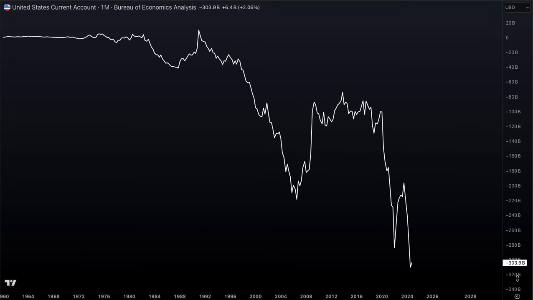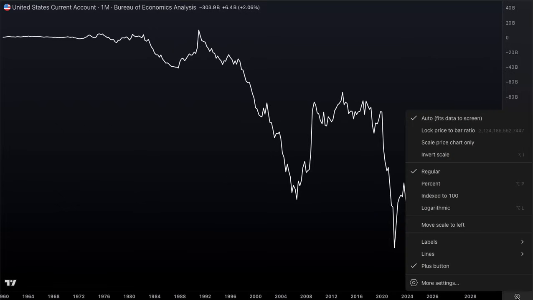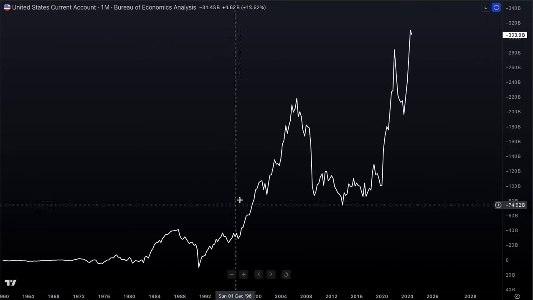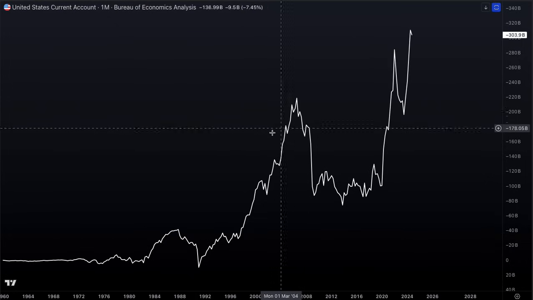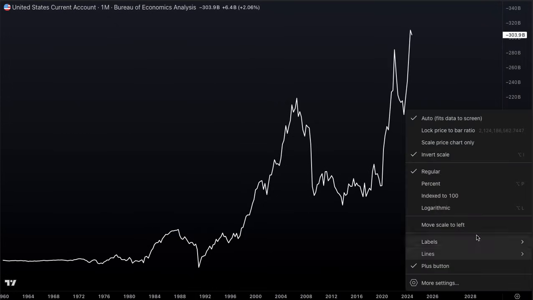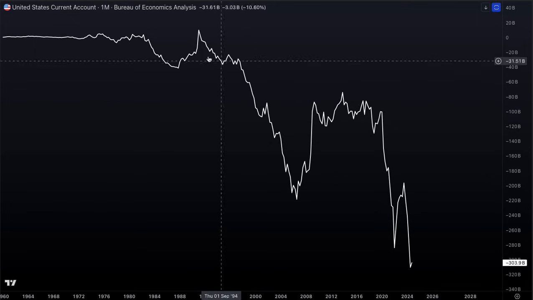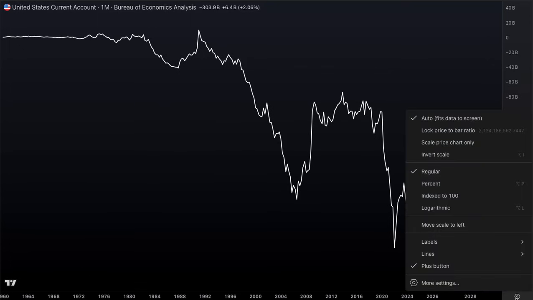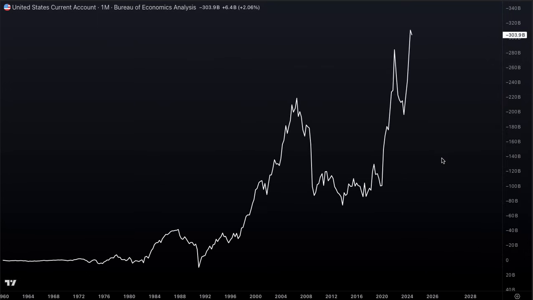This is great for Wall Street. This is great for the wealthy who hold a ton of financial assets. There is this kind of structural bid that is pumping their bags. But the other way to think about this is that the current account deficit is demand for dollars. When foreigners start putting money back into U.S. capital markets, they're buying dollars, right?